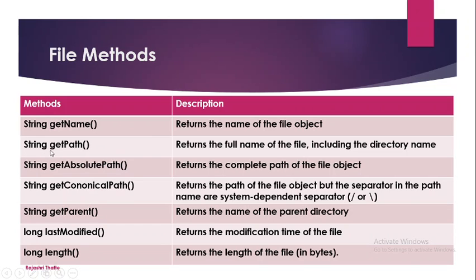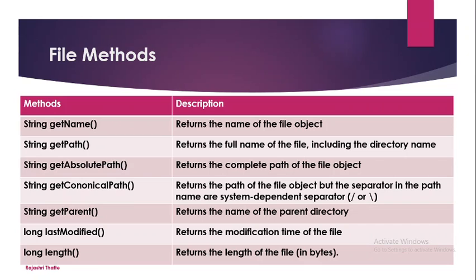String getPath. This method is used to return the full name of the file including the directory name. As we just saw in the example, we created f1, f2, f3 file objects.